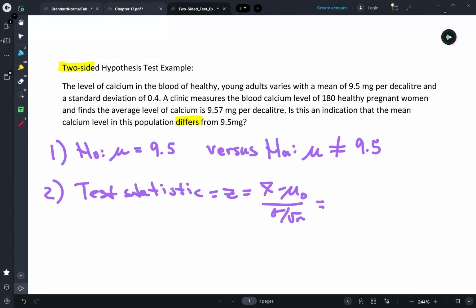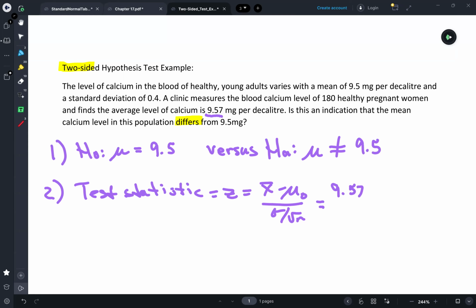Now we want the sample, because the data has been collected. We're past step 1. We've collected some data. What did they get? It's right there. Yep. 9.57. Correct. So 9.57. It was right here.